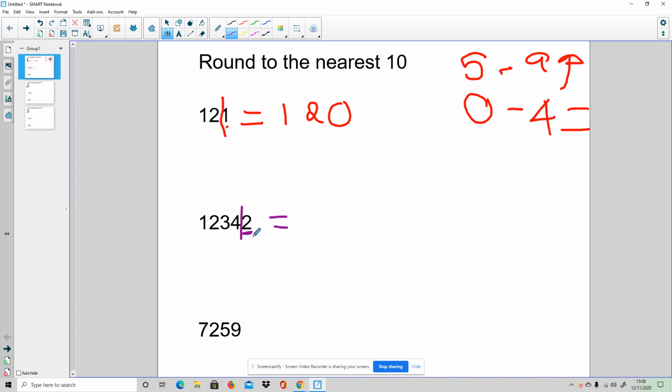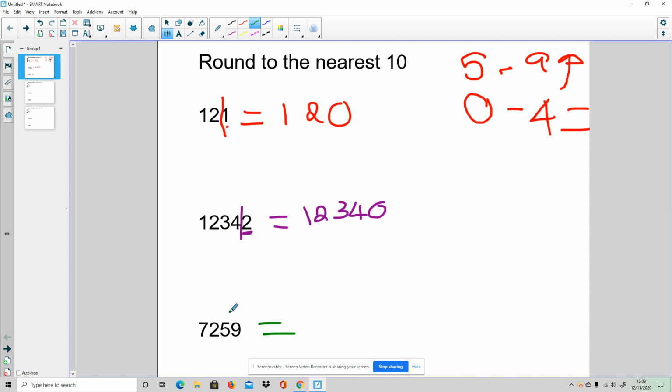So we need to decide whether this 2 is big enough to make it go to 12,350 or stay as 12,340. So we know that because it's a 2, it's going to stay the same. So our number is 1, 2, 3, 4, 0.